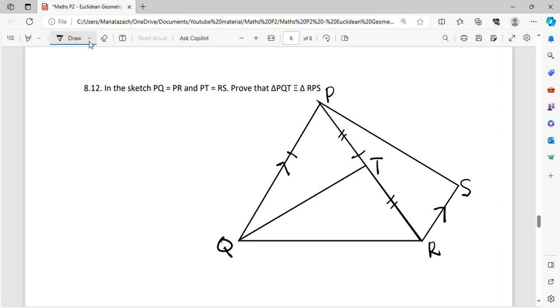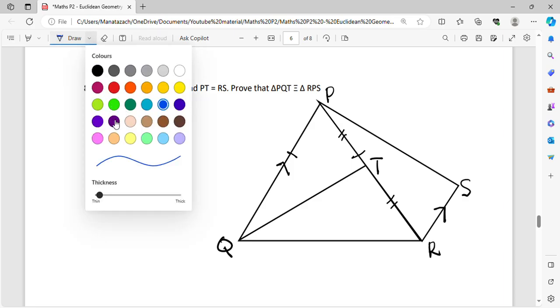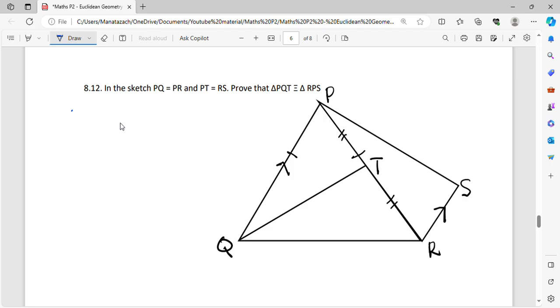What do we have? We've already been given PQ is equal to PR. That's given, those long sides here. And then PT is equal to RS, also given. We just need to prove one more condition. You can see that these two sides are parallel, QP and RS.